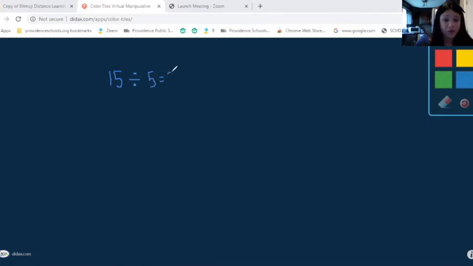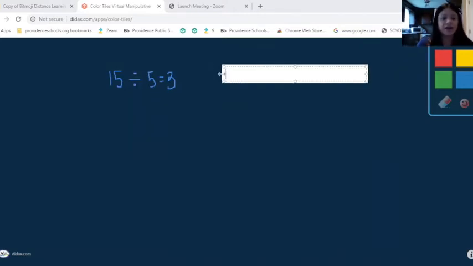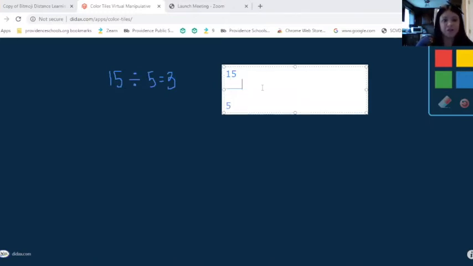Now, you know from when we did some multiplication problems that 5 times 3 is 15. This is just the reverse now. Another way that you might see this, the division symbol can actually be written like a fraction. So you can write down 15 divided by 5, and that is all equal to 3.